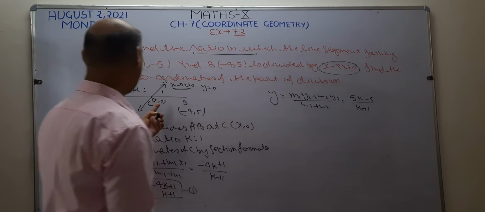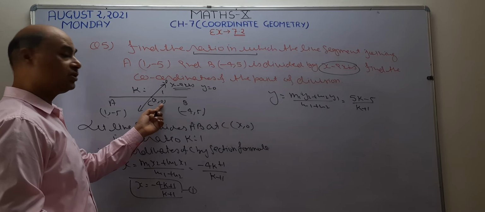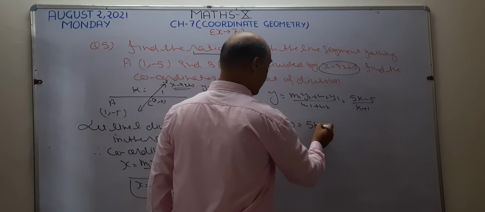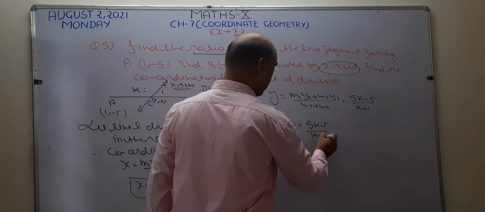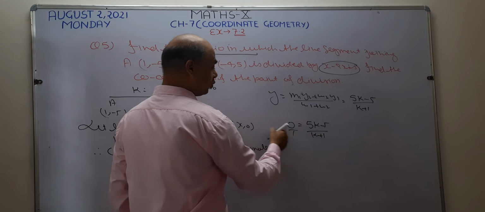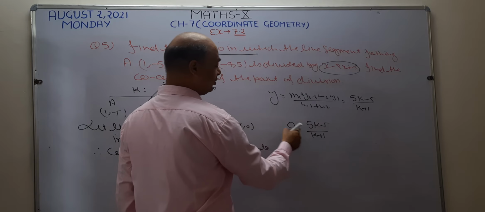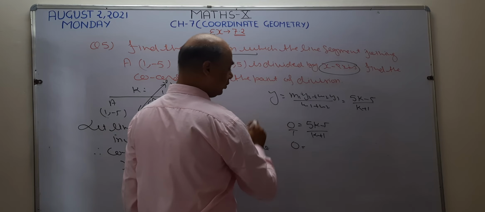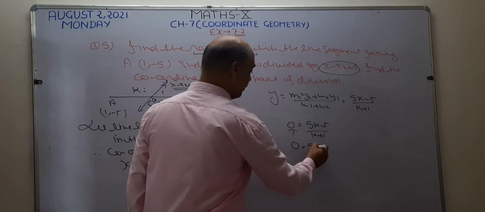Now the value of y is given: the value of y is 0. So I write 0 equal to 5k minus 5 upon k plus 1. Now take cross multiply. When I cross multiply, k plus 1 is multiplied by 0, and you know that 0 into something is 0, so this complete term becomes 0. What is left? 5k minus 5.